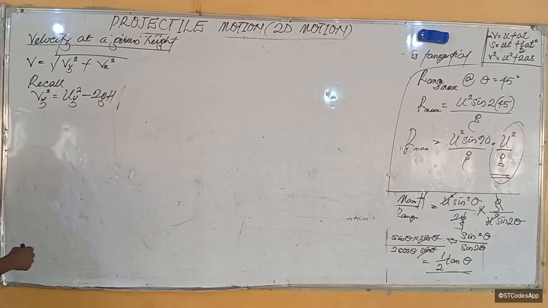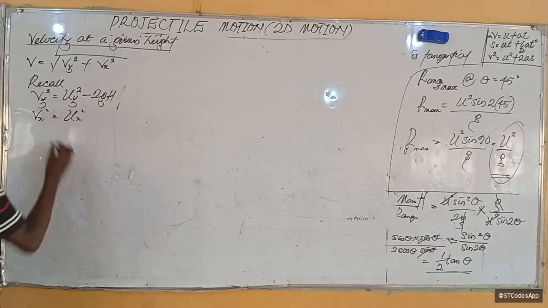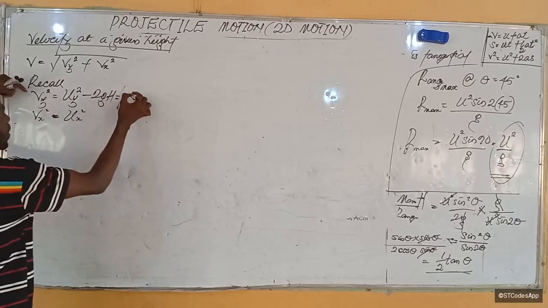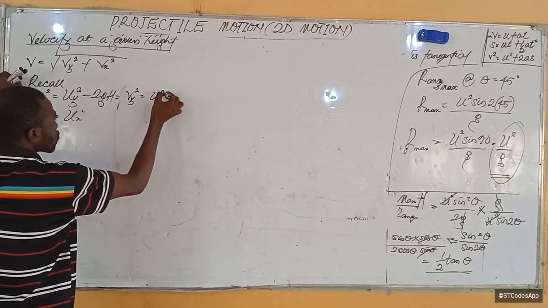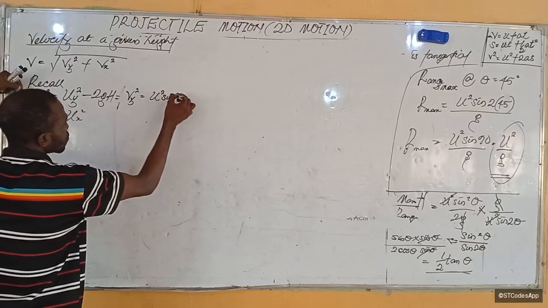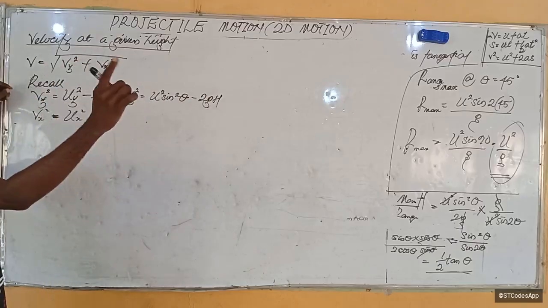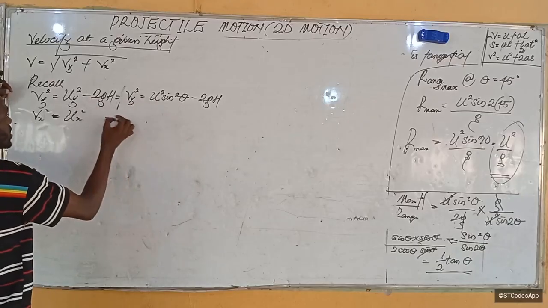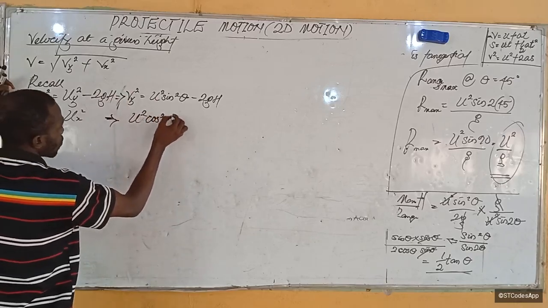So what about the v sub x component? It is also u sub x component, because we said it's not changing. So this formula translates to v sub y squared equal to u squared sine squared theta minus 2gh. Is this clear? Because u sub y squared gives you this. And v sub x squared will translate to u squared cos squared theta.